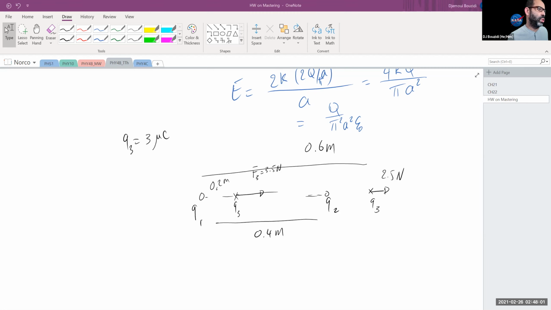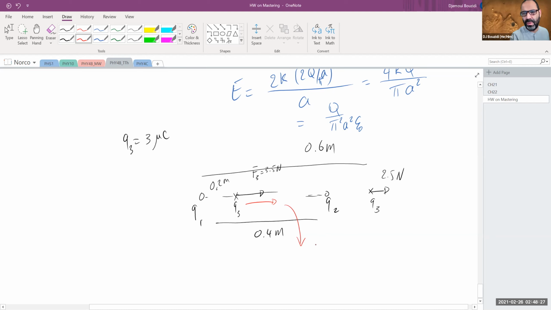So let me set up the equations. We don't know what these forces are, but we know the force on Q3 is coming from the two charges. One force comes from Q2, where the distance is 0.4 minus 0.2, so 0.2.